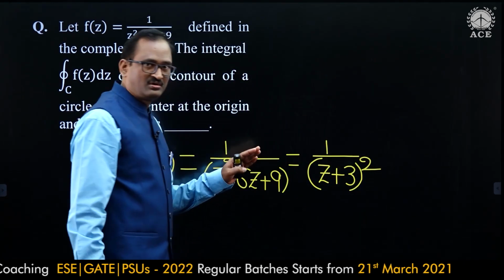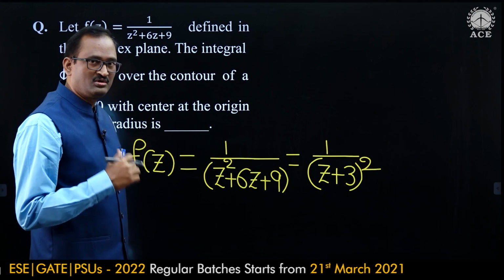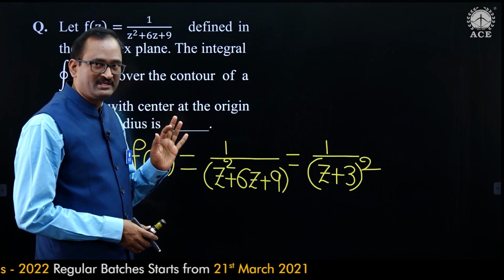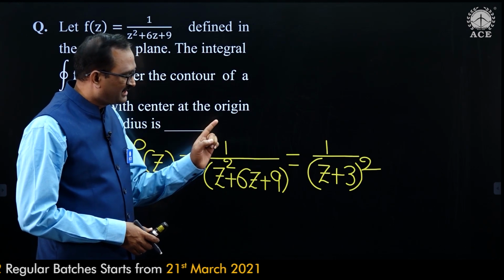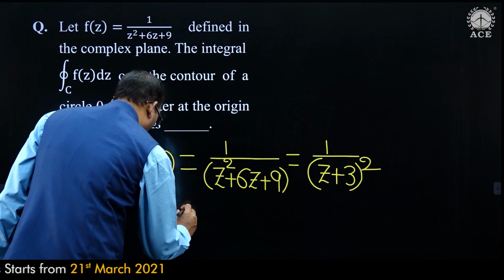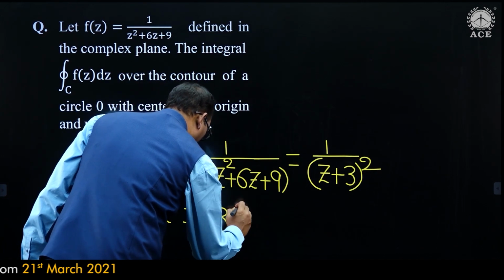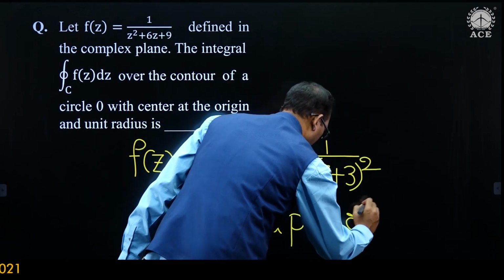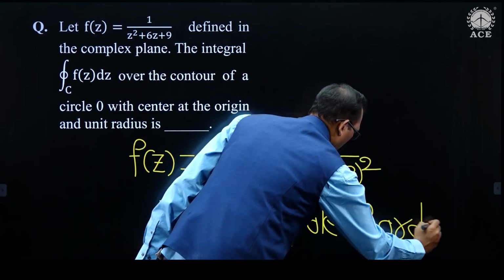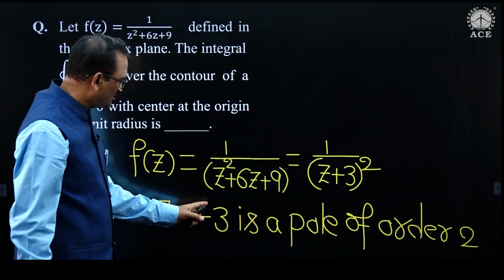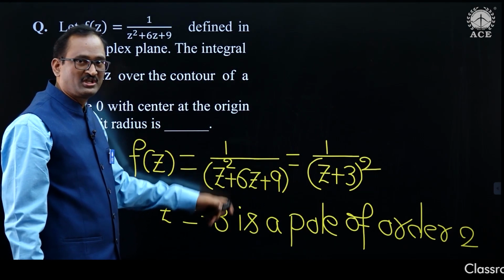So z plus 3 whole square is equal to 0, z is equal to minus 3. Z is equal to minus 3 is a singular point. As a special case, it is a pole of order 2. But this singular point, this pole lies out of the given circle.